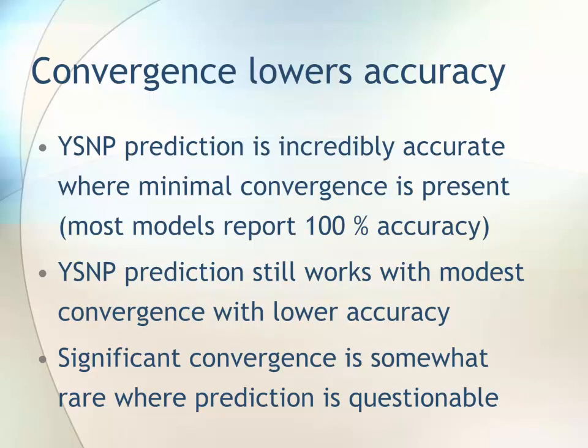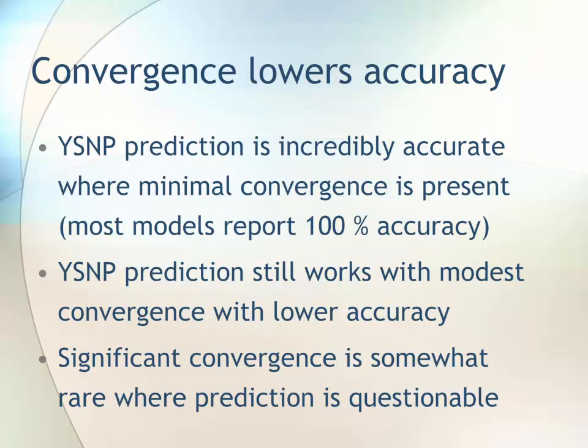We do have one genetic factor that does not fit into the mathematical world. It's called convergence. Convergence is a genetic phenomenon where if you have no convergence at all, you can have unbelievably powerful accuracy. The vast majority of the time, it is exactly 100%. I mean, 100% accuracy. Also, SNP prediction also works with very modest convergence.